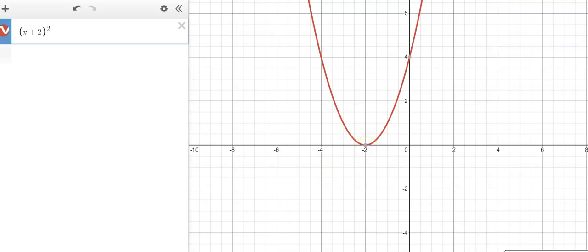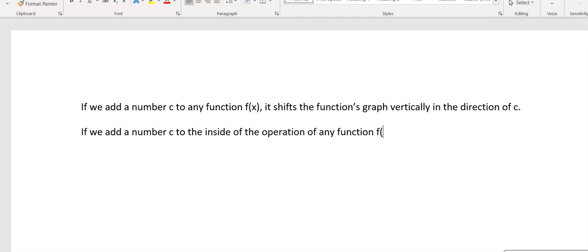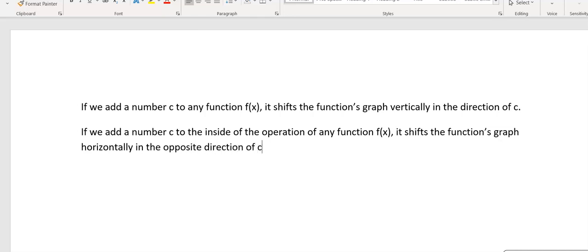All right, so this is very important. Let's sum this idea up. If we add a number c to the inside of the operation of any function, f of x, it shifts the function's graph horizontally in the opposite direction of c.